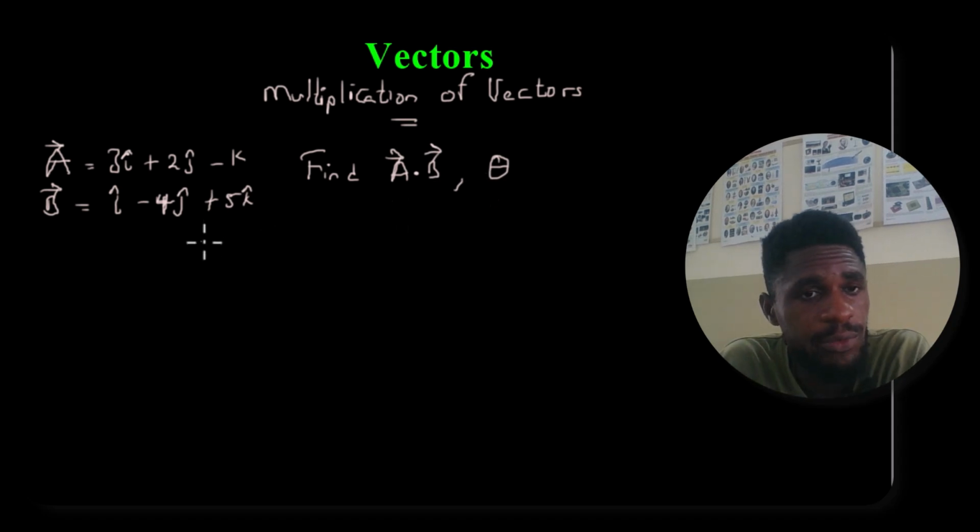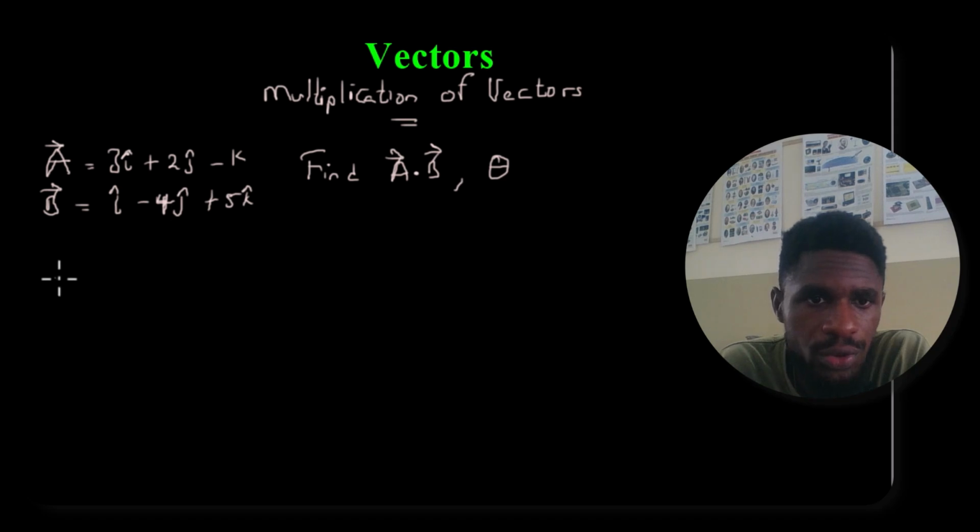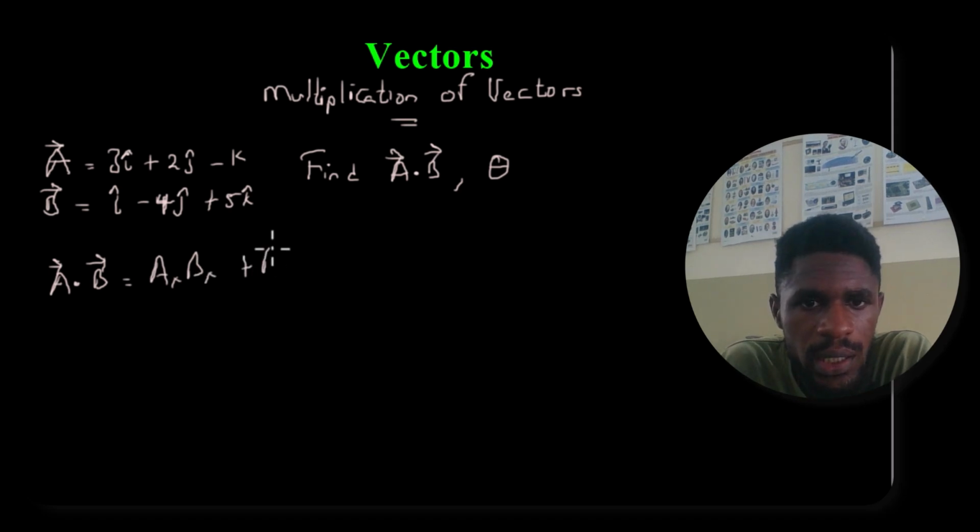So what's the first thing we want to do? Remember, we know that A vector dot B vector is simply equal to AX BX plus AY BY plus AZ BZ.